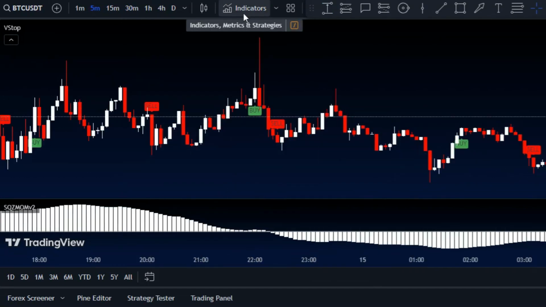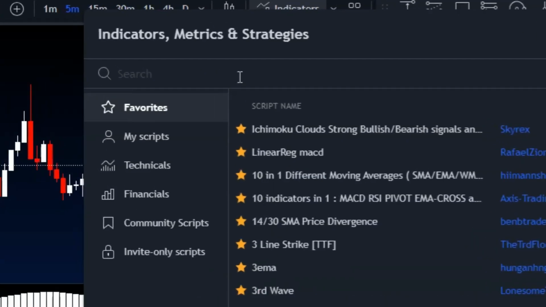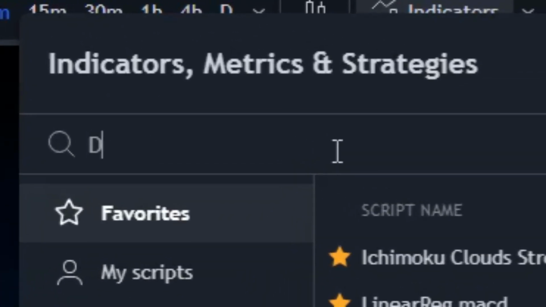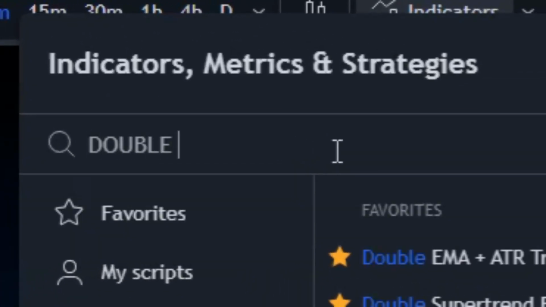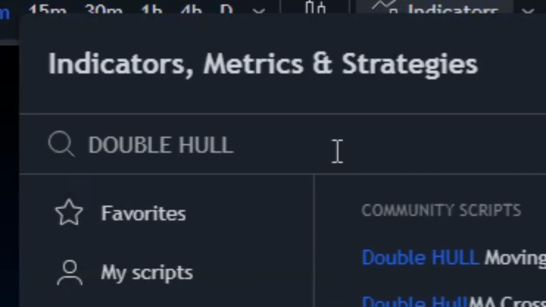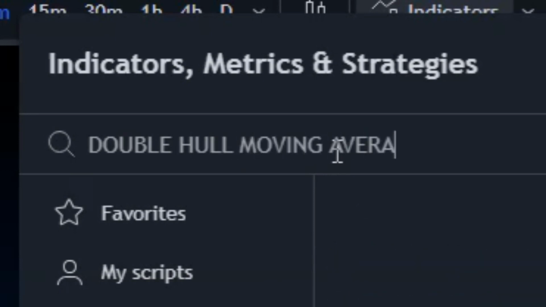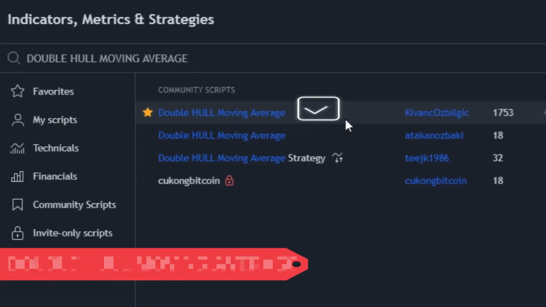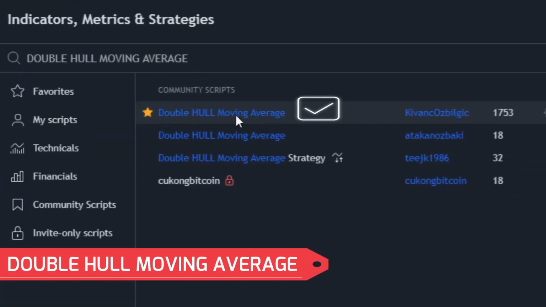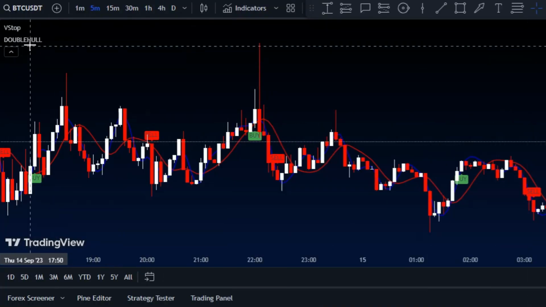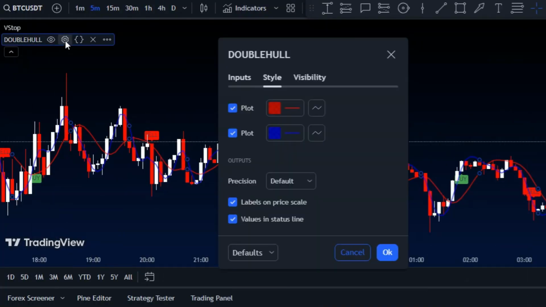And to ensure we're always trading in the right direction, we'll bring in our third indicator, the double moving average. Then go into its settings and make the changes you need, just like I do.